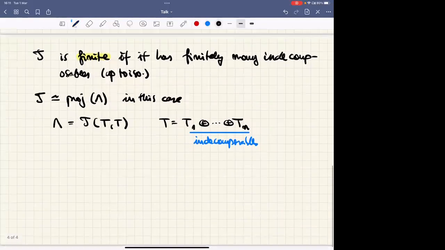And if T is triangulated, by results of Amiot, lambda is a basic Frobenius algebra.